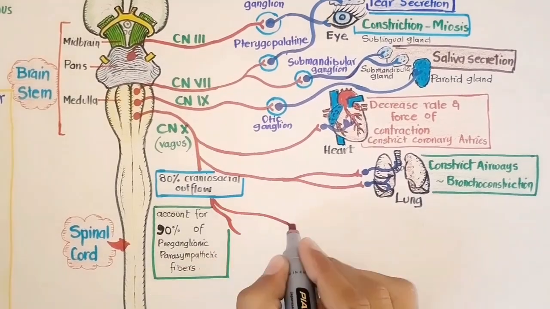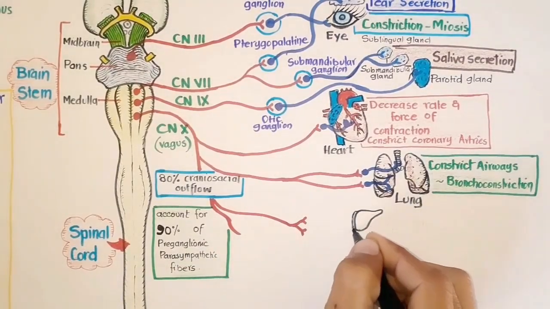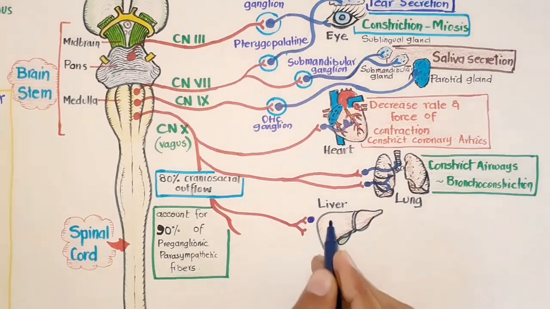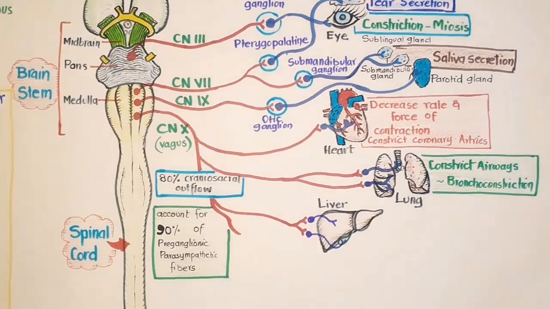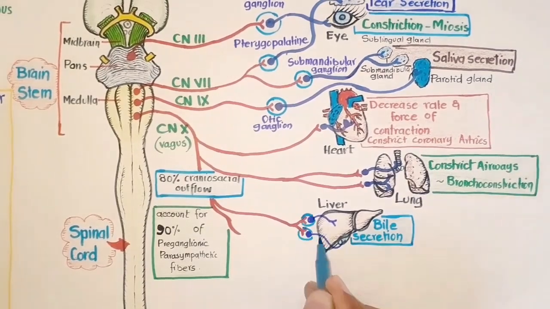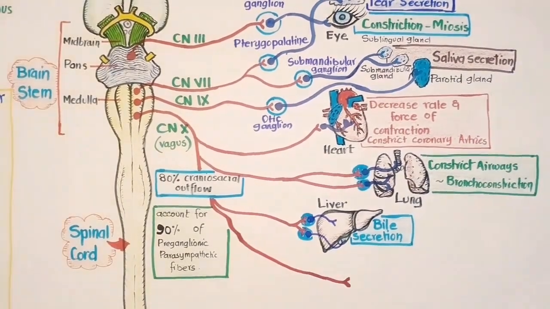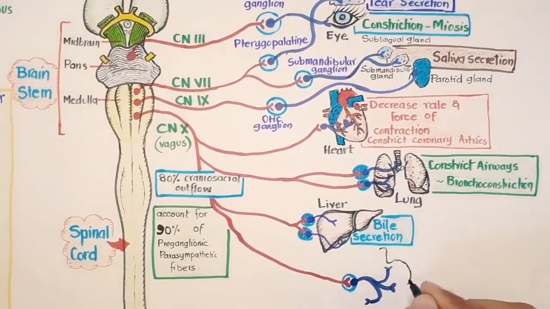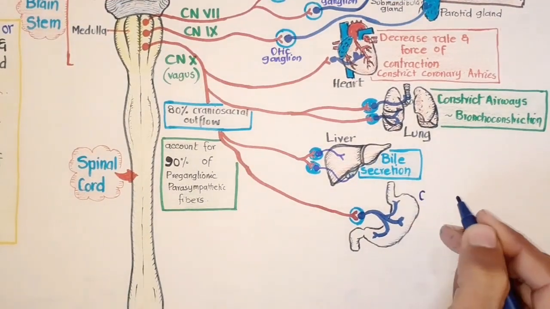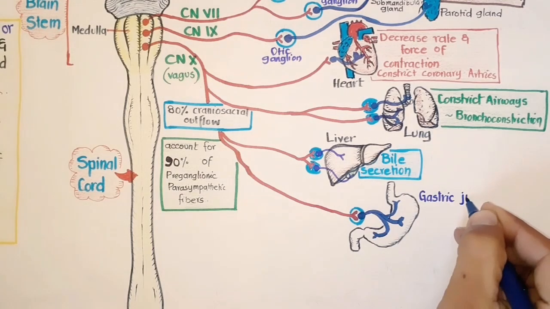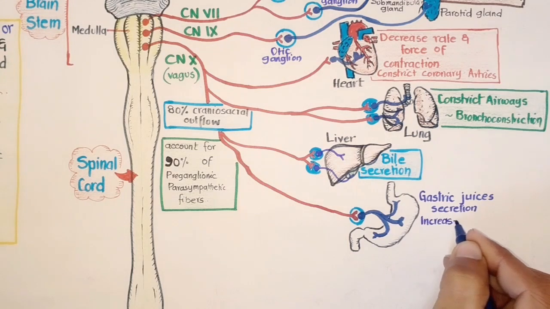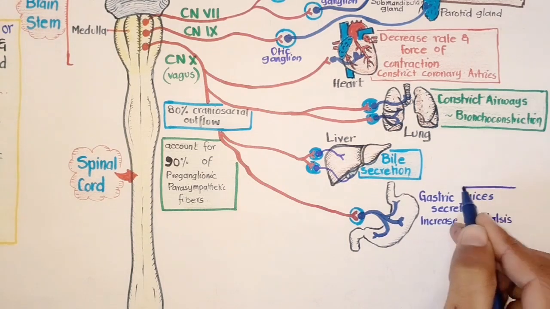In the abdomen, the vagus nerve supplies the liver and gallbladder, which causes secretion of bile when stimulated. Stimulation of the stomach by the vagus nerve leads to secretion of gastric juices and increased peristalsis.